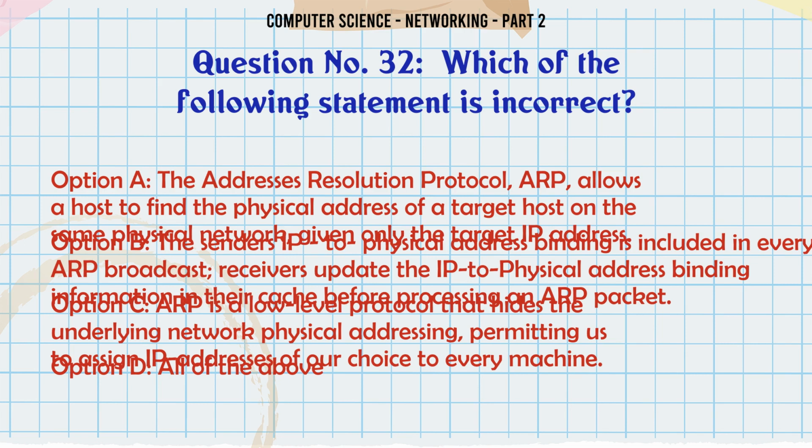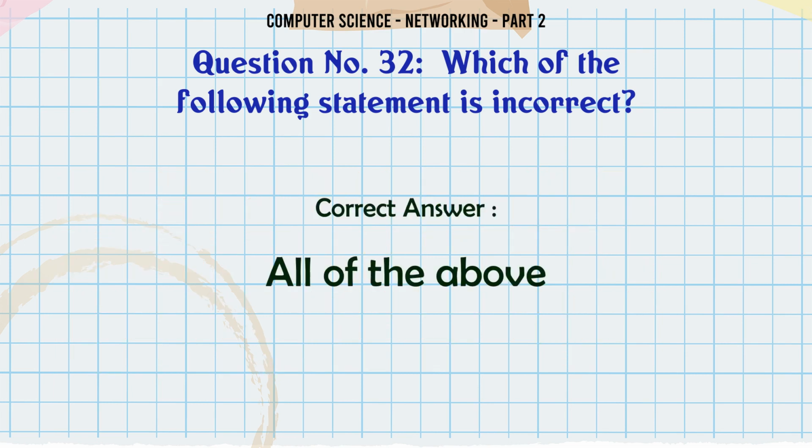Receivers update the IP to physical address binding information in their cache before processing an ARP packet. C. ARP is a low-level protocol that hides the underlying network physical addressing, permitting us to assign IP addresses of our choice to every machine. D. All of the above. The correct answer is all of the above.